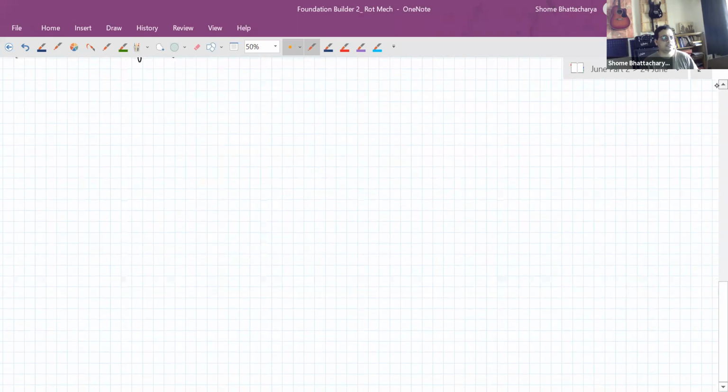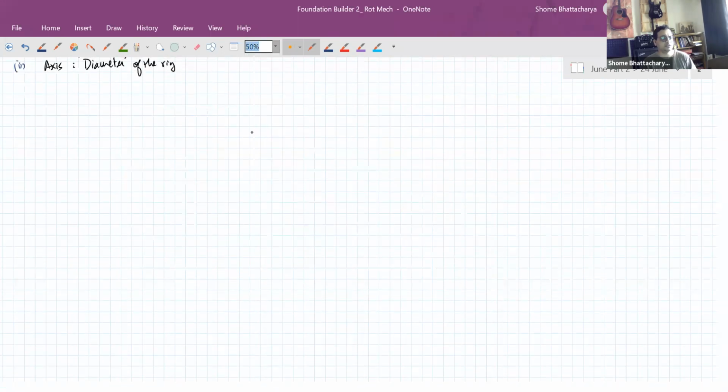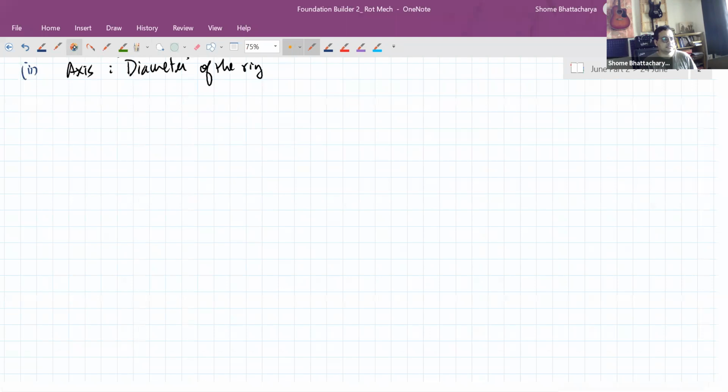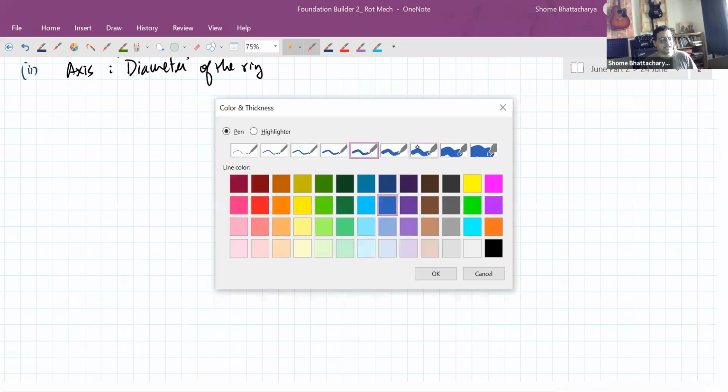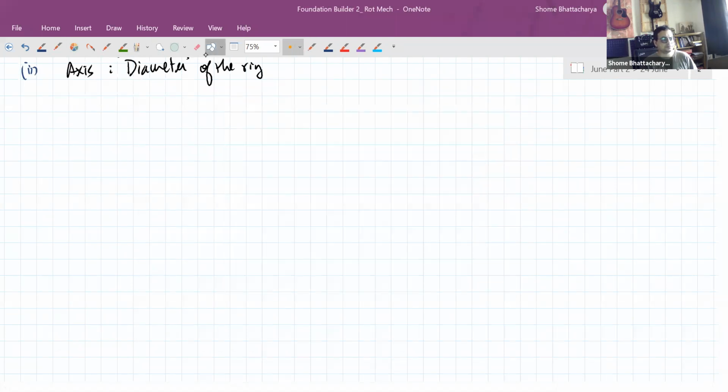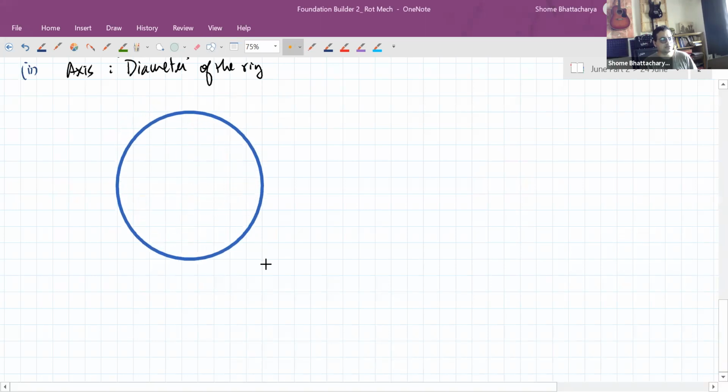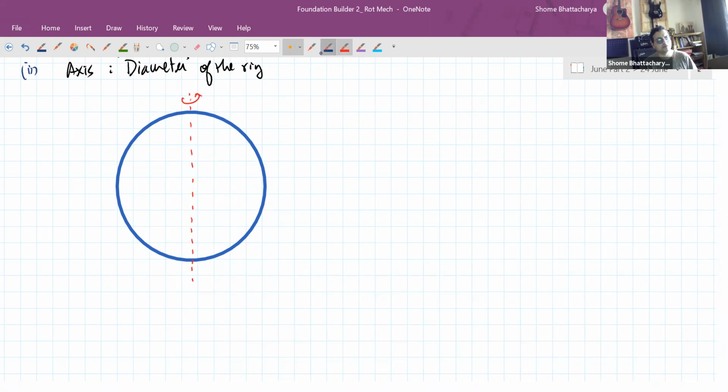So now if you visualize, the same ring is rotating about an axis which is lying in its plane and divides it into two equal halves, bisects it in its plane. This is the axis of rotation.